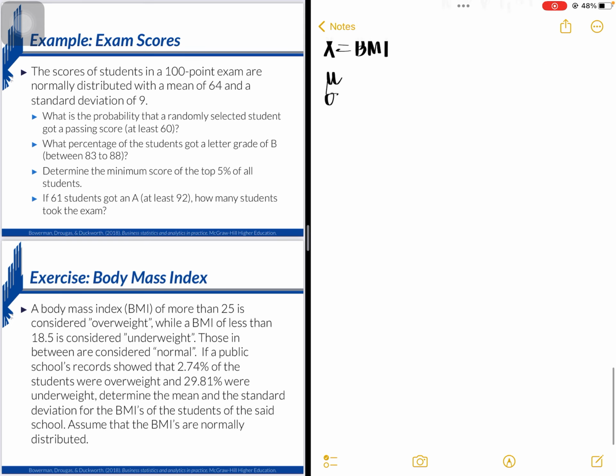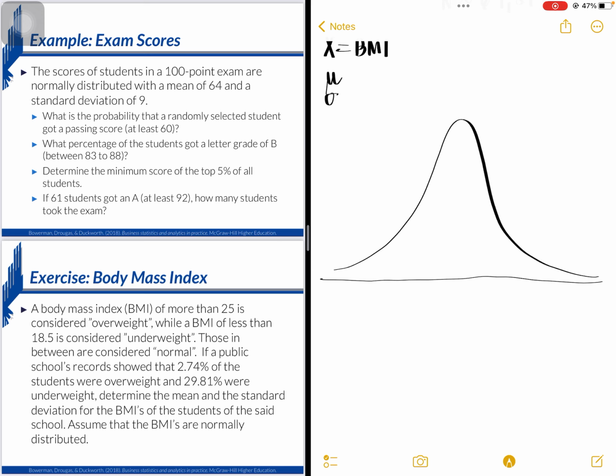Now what the problem has given us so far, when we try to visualize that in a normal distribution, is that 2.74% of the students were overweight. According to the problem, a student is considered overweight if the BMI is more than 25, so if X is greater than 25. So 25 must be somewhere here to the right of the center.